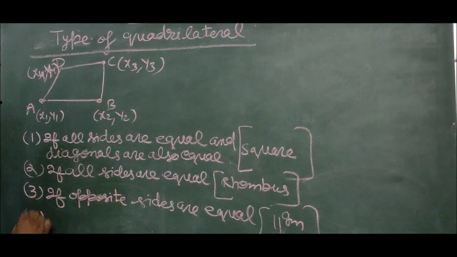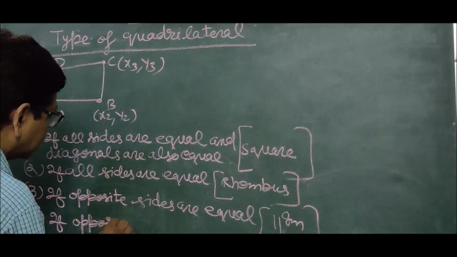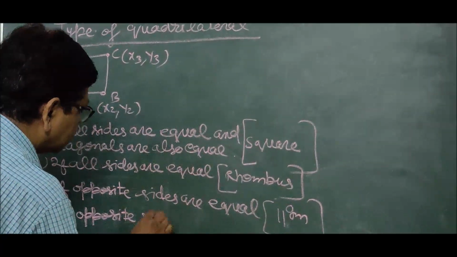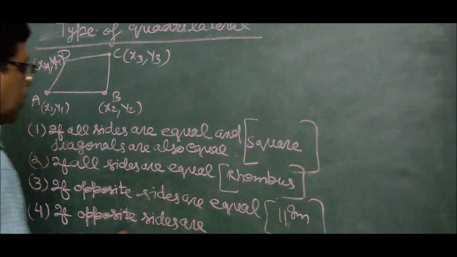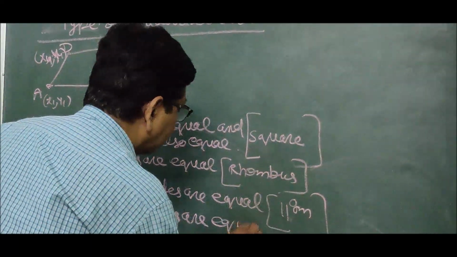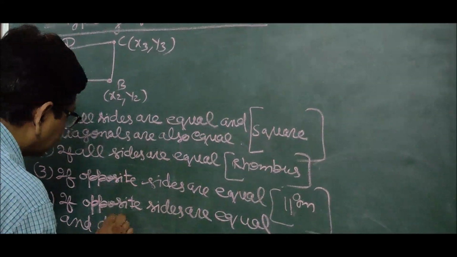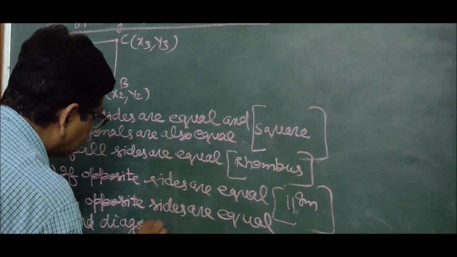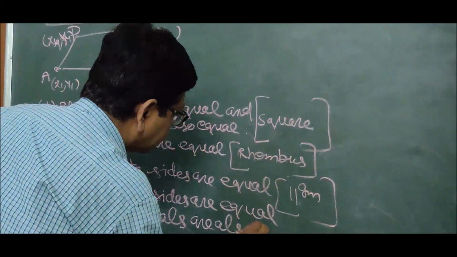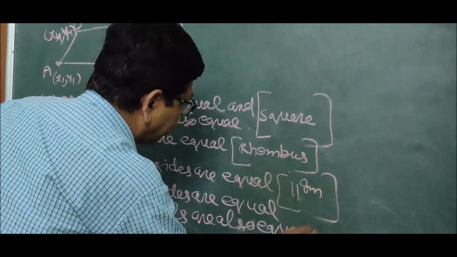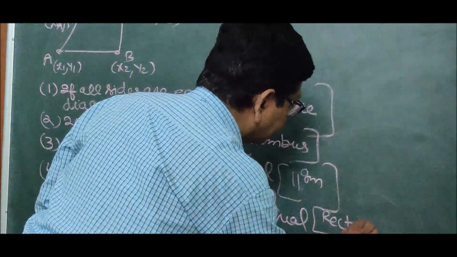If opposite sides are equal and diagonals are also equal, then the quadrilateral is a rectangle.